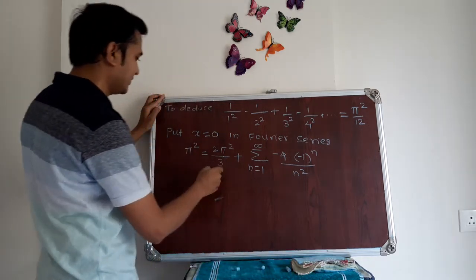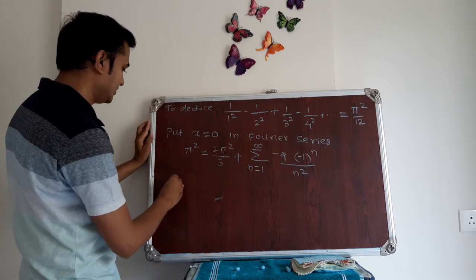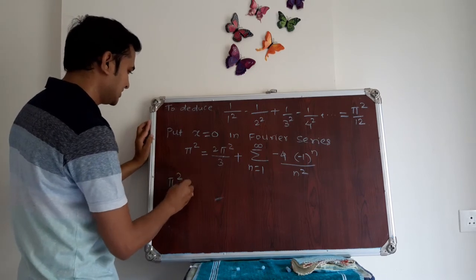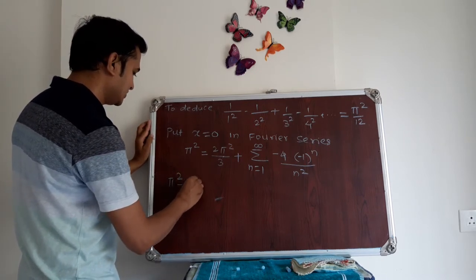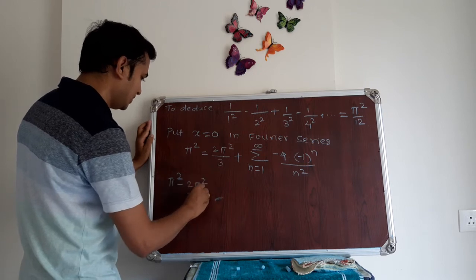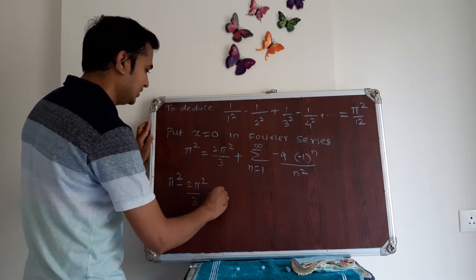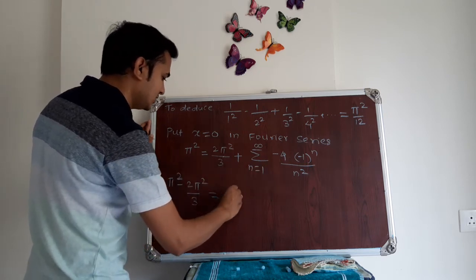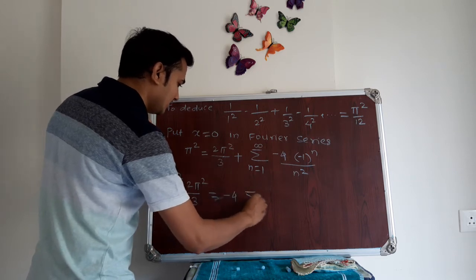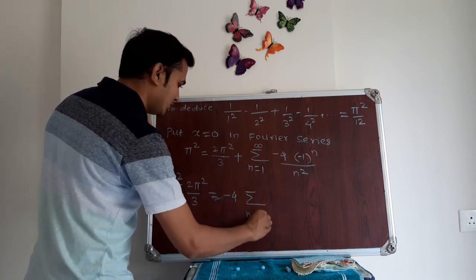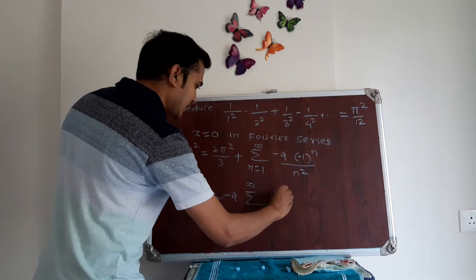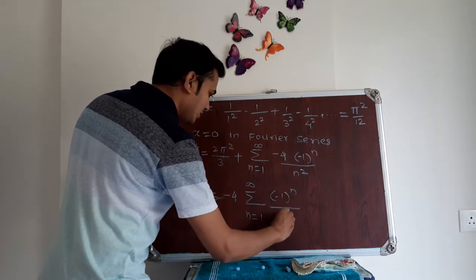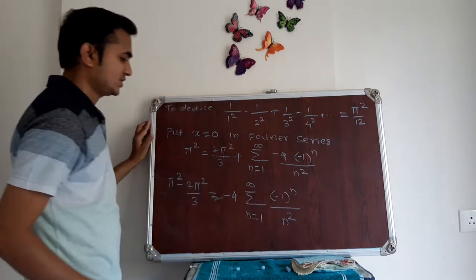So bring this 2 pi square upon 3 to this side, so it becomes pi square minus 2 pi square upon 3 equal to, this minus 4 is constant, so minus 4 summation n running from 1 to infinity minus 1 raised to n upon n square.